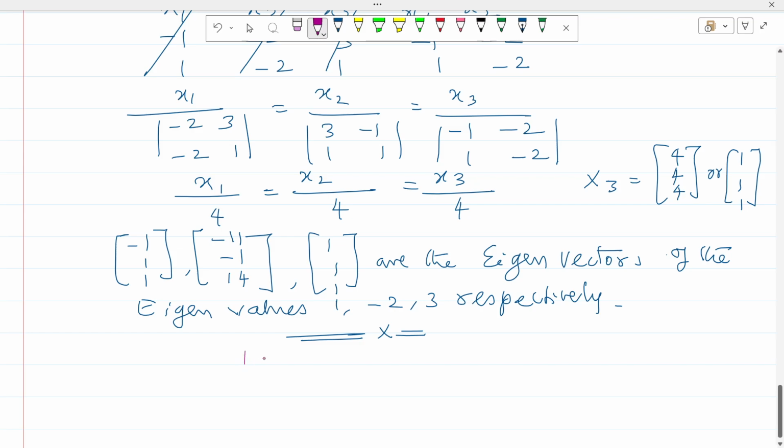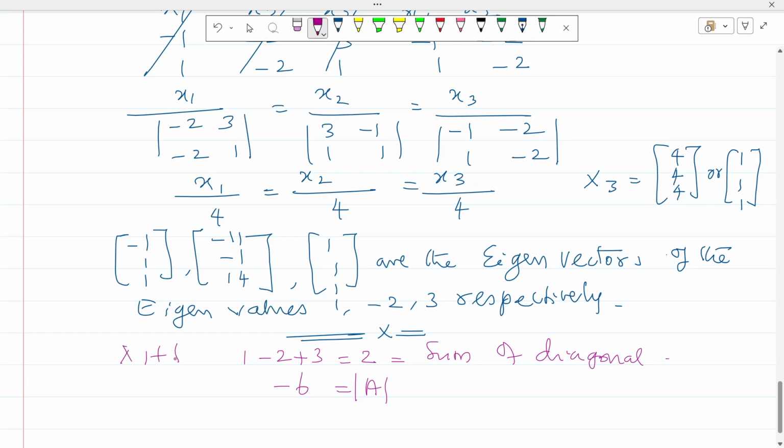So 1 minus 2 plus 3 is 2, which equals 4 minus 2 plus 2, the sum of the diagonal elements. The second one is the product: if you multiply these, you will get minus 6, which should be the determinant of A.